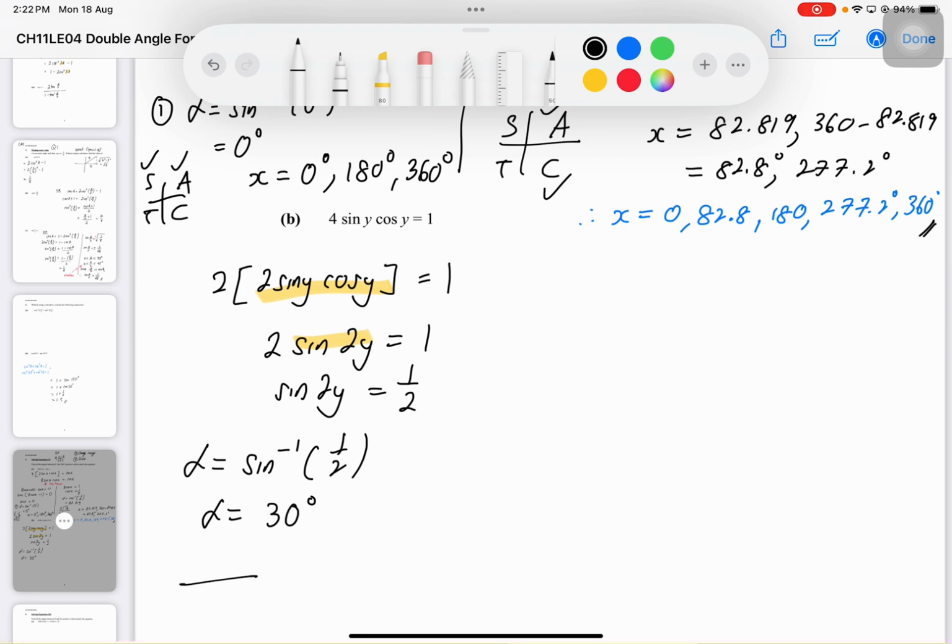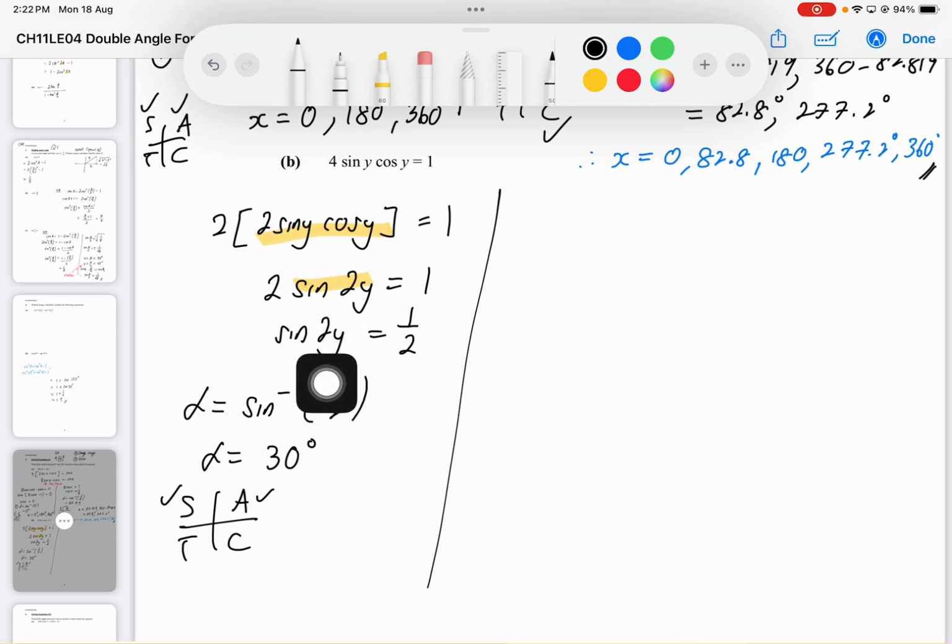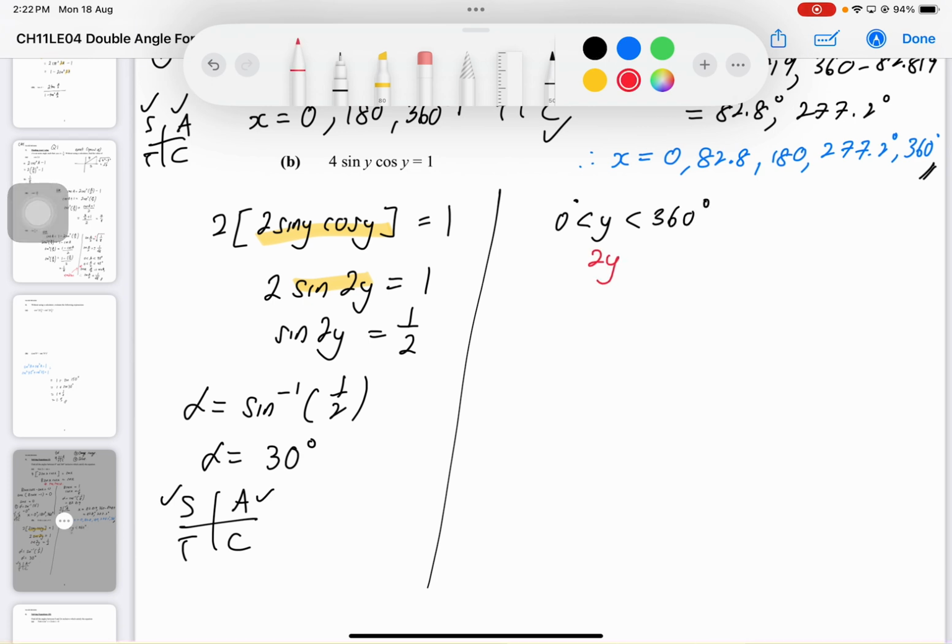Okay, ASTC. First and second. Okay, but remember here, you need to change your range because instead of y, it became 2y. So I need to change from 0 to 360 to 720. I must go 2 rounds.